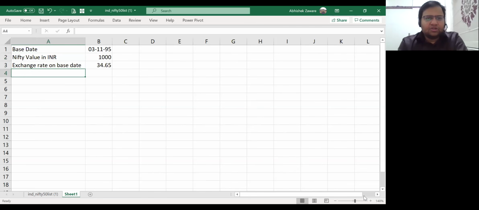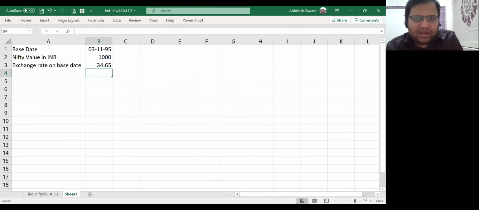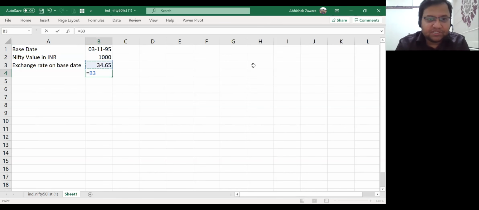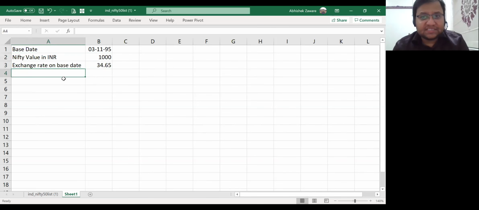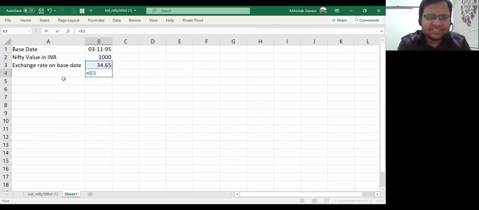So to buy one Nifty, how many rupees will be required? You want to buy 1000 Nifty, you will need some dollars, right? 34.65 is the exchange rate. Concentrate, I multiply both of these. 34.65 into 1000, 34,650 INR.